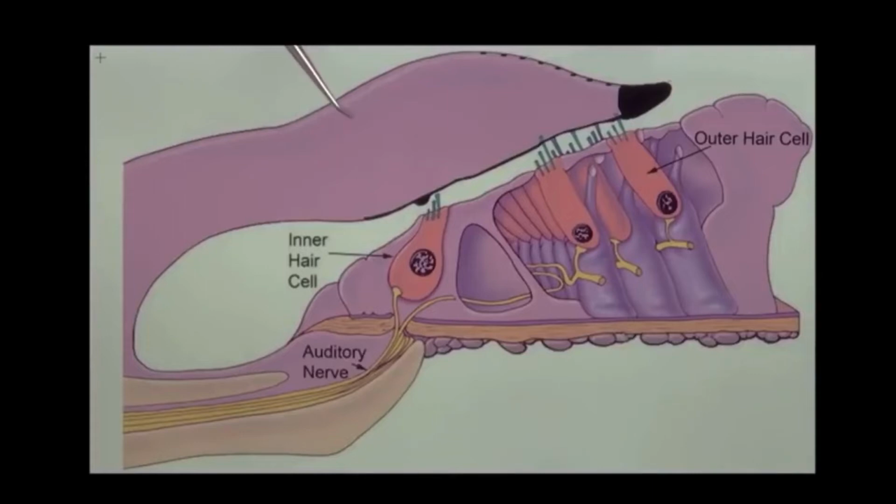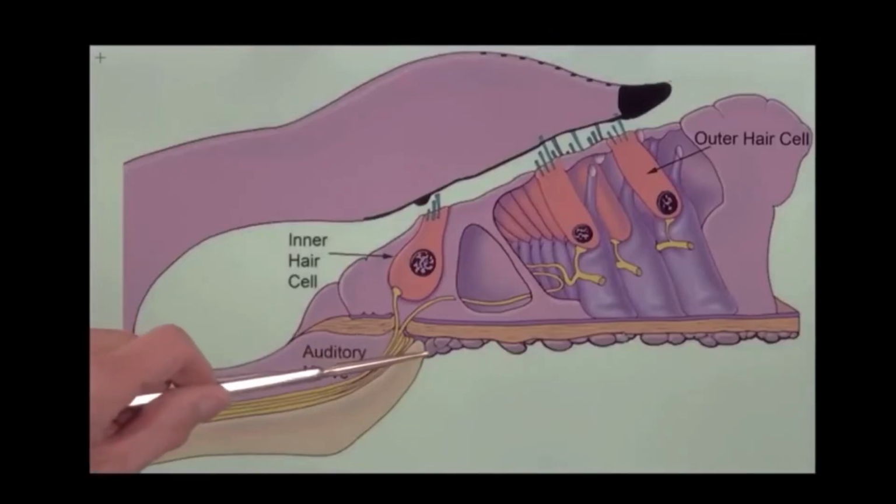On top of the hair cells sits another membrane called the tectorial membrane, and it touches the stereocilia of the hair cells. And when it vibrates, because it is in the endolymph and the pressure wave causes vibration of this membrane, then the stereocilia are bent, and this deformation causes potassium to flow.